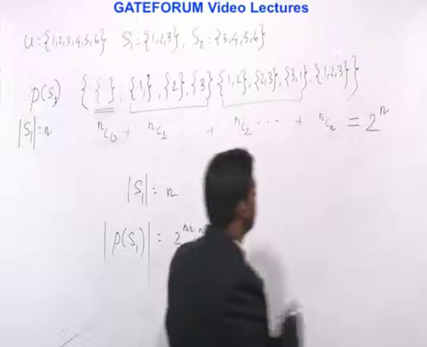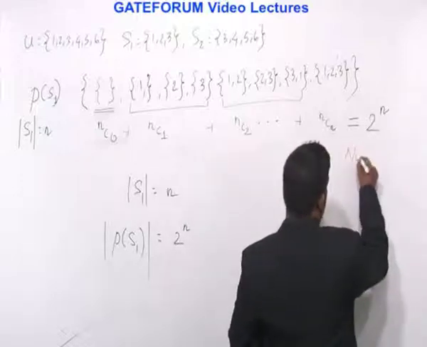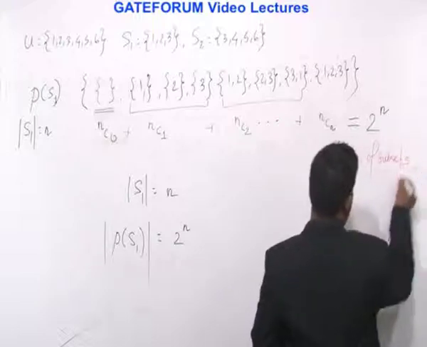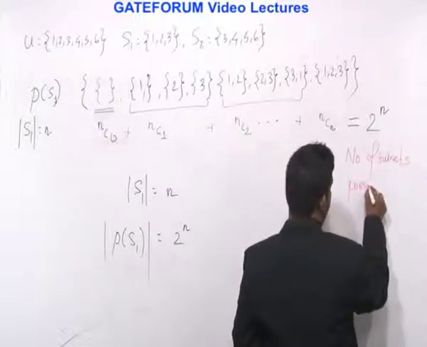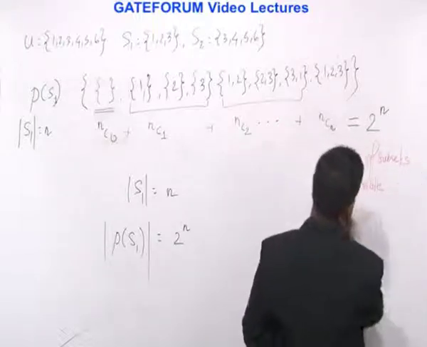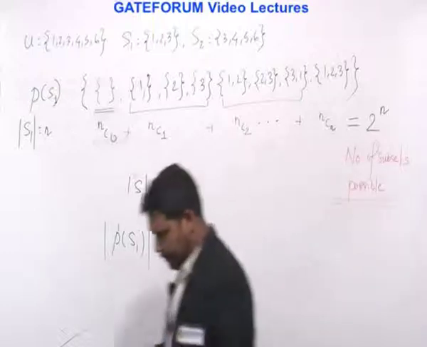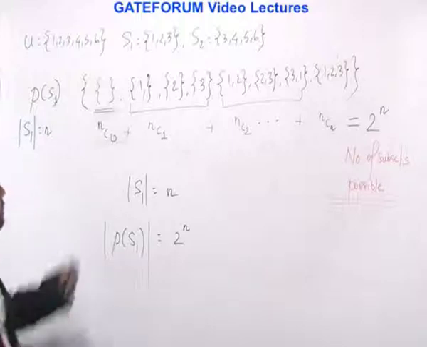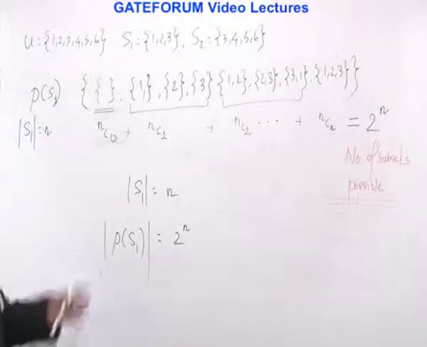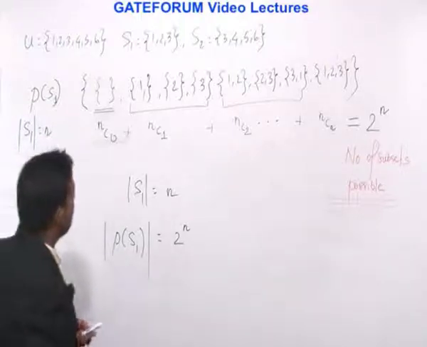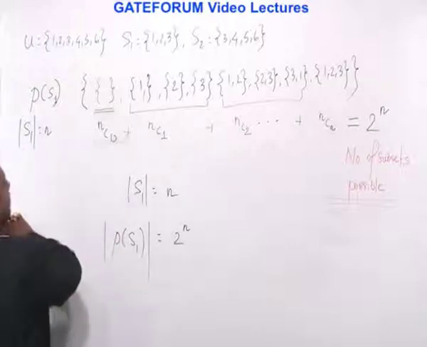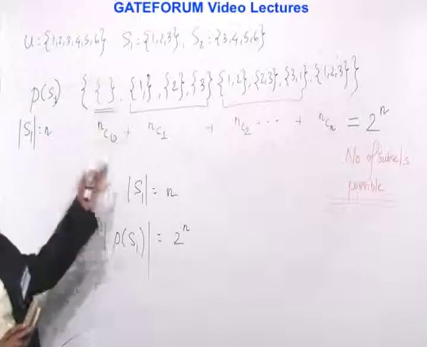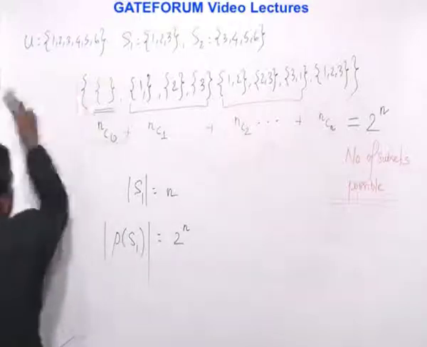It's a small thing you might be aware of, so take it as a revision. Power set, number of subsets: 2 to the power n. I hope I am clear with this. Let's proceed further.